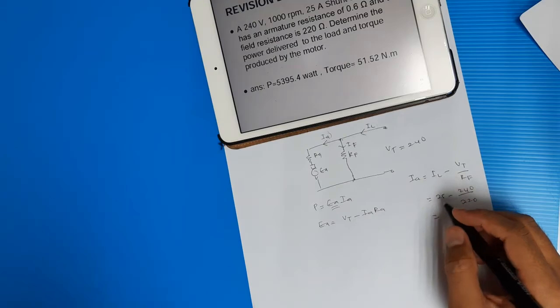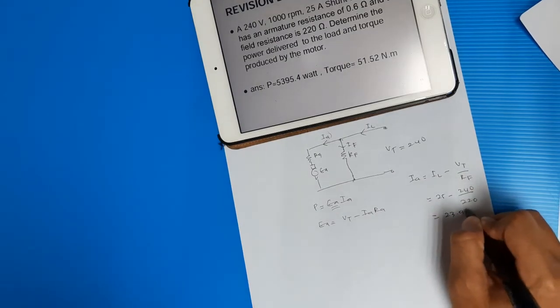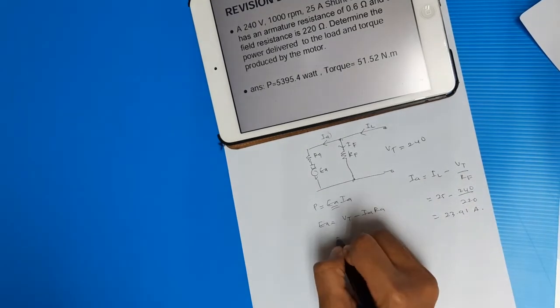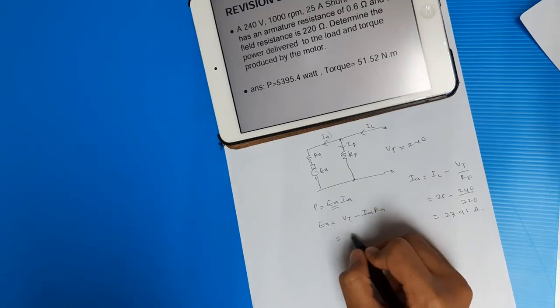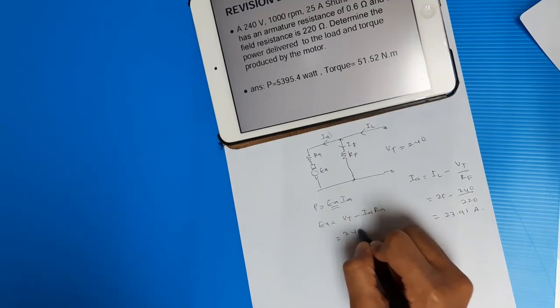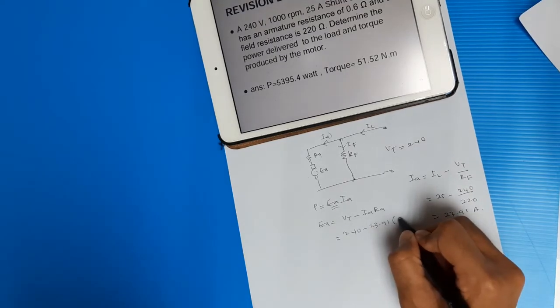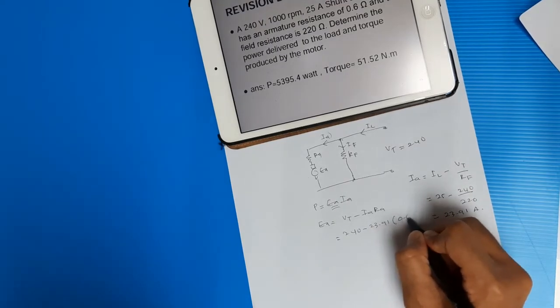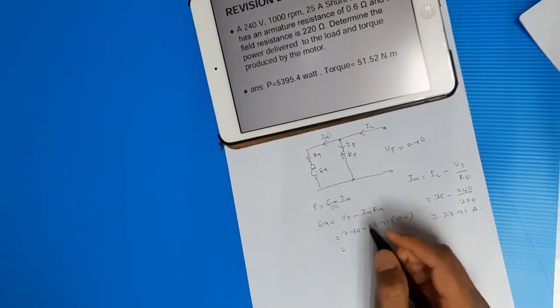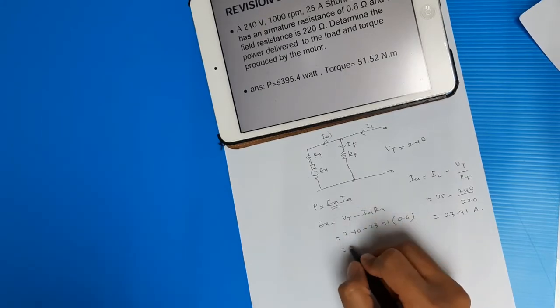Okay, 23.91 ampere. Then we can proceed to this equation. VT is 240 minus IA 23.91, RA is 0.6. So EA is 225.65.